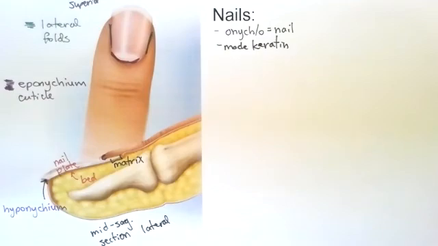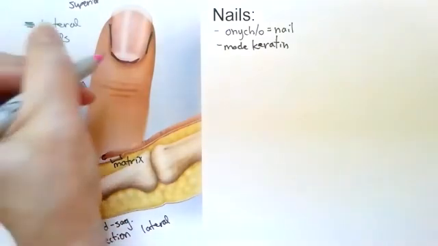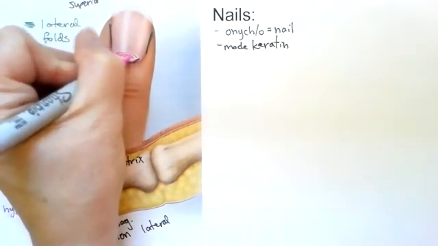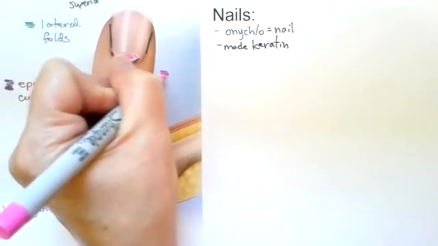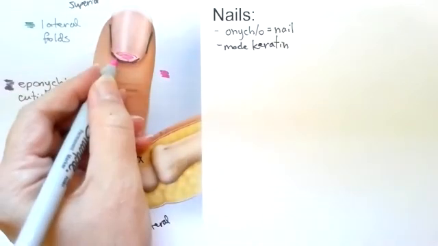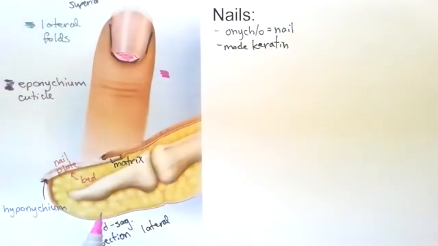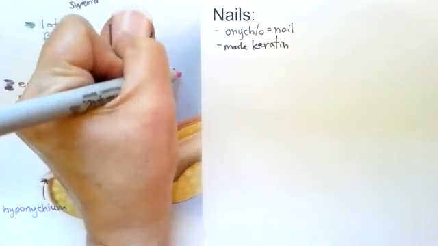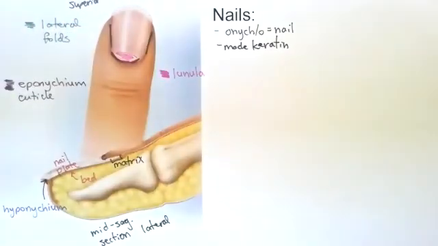And then finally, we have this area that's kind of exposed. It looks like the little half moons. Well, the Latin for moon is luno. So this area here where we have growth coming up is called the lunula. Lunula. And together, the lateral folds, eponychium, and hyponychium seal it.